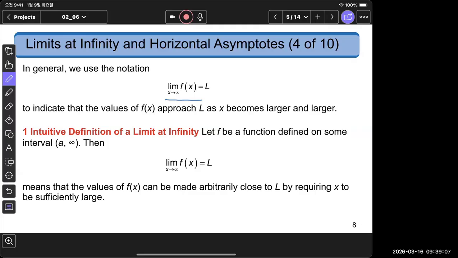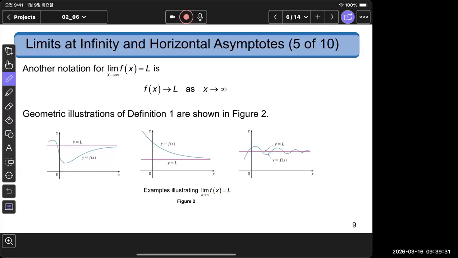This means the values of f of x can be made arbitrarily close to L by requiring x to be sufficiently large. And the definition will be clear if we consider some examples of graphs.